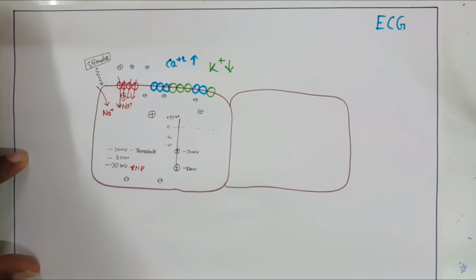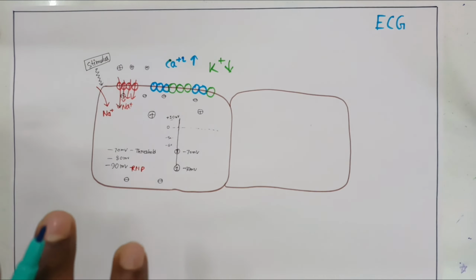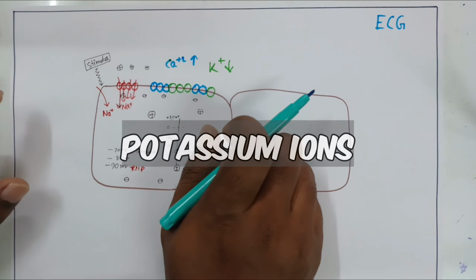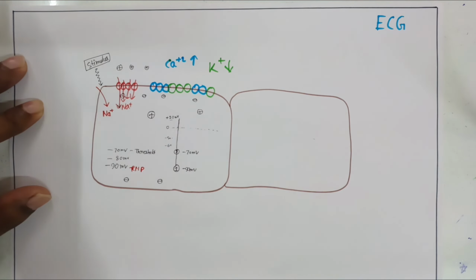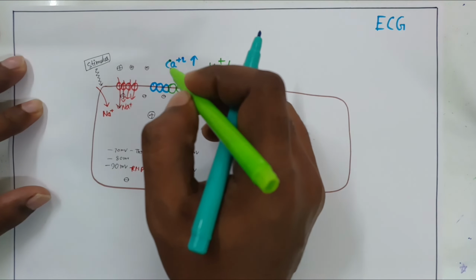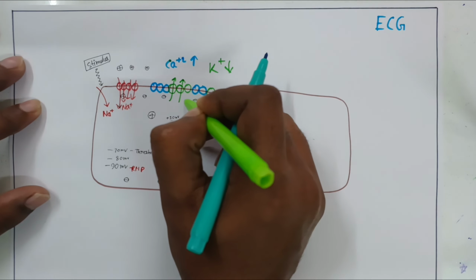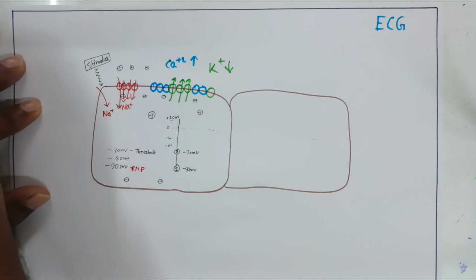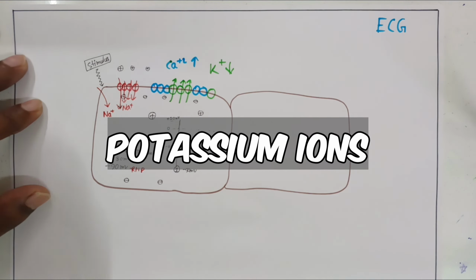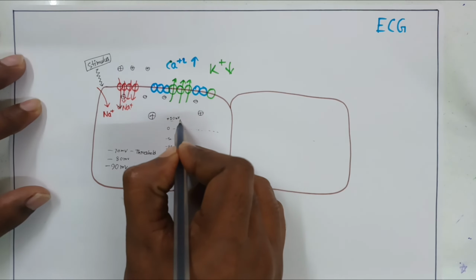So due to this difference in concentration, at this stage potassium ions are lost by the cells. That means these potassium ions go out. As the potassium goes out, the positive value of the membrane potential gets decreased.